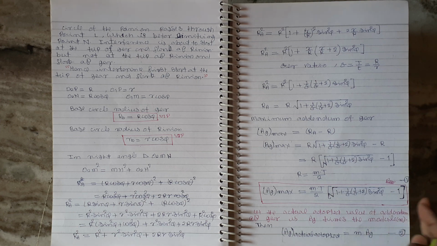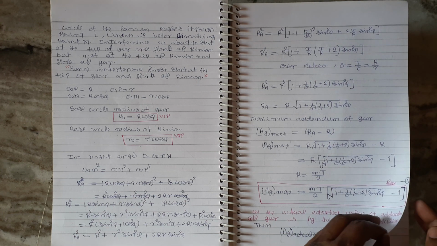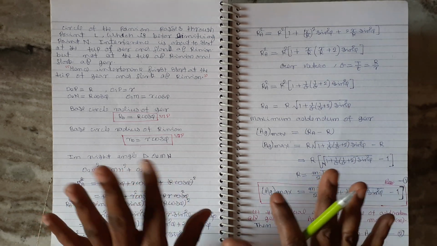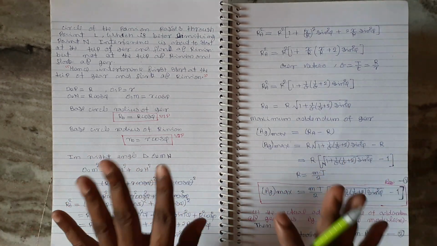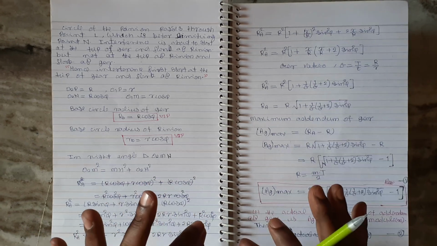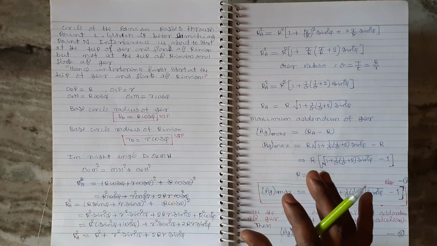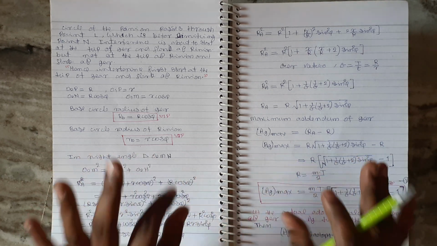One thing I want to explain here: for the general meshing of the gear, in between the limiting points of interference, the addendum of the gear and the pinion will be the same. There is no doubt.